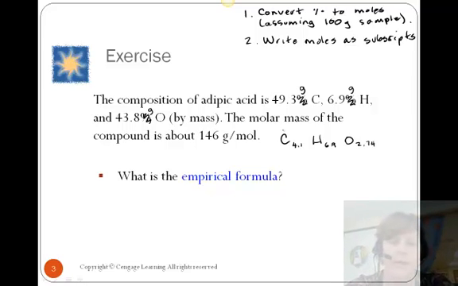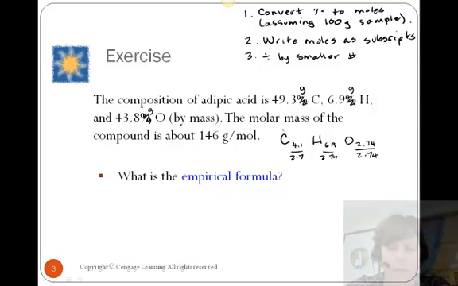And there it is. To simplify, I now divide by the smaller number. And that's what I actually wrote down first, so I apologize. Obviously 2.74 is smallest. And now we get 1.5 for carbon, hydrogen as 2.5, and oxygen with no subscript because 2.74 divided by itself is 1.